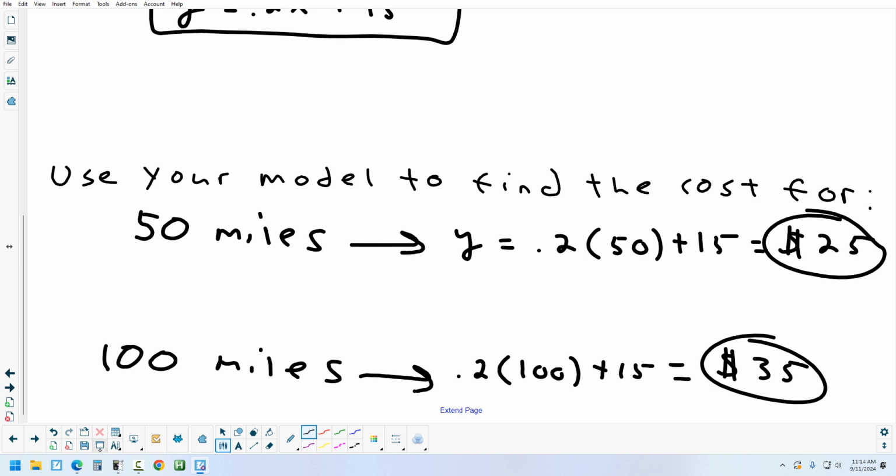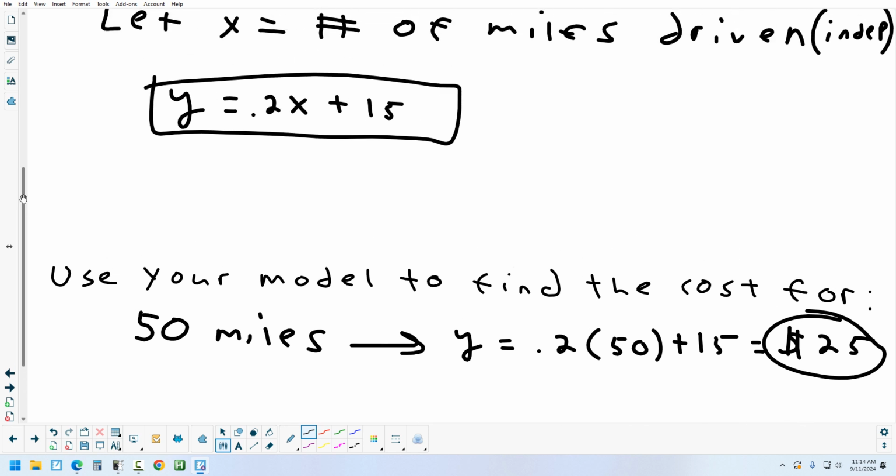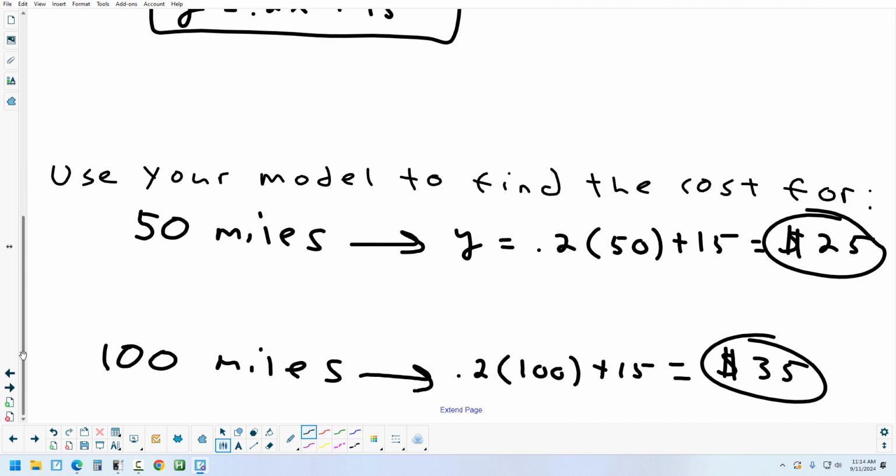All right, so both of those examples that we just did, they weren't algebra. They were more arithmetic. The variable that you wanted to solve for was y, the cost, and that variable was already by itself. So we just had to do arithmetic to get the answer.